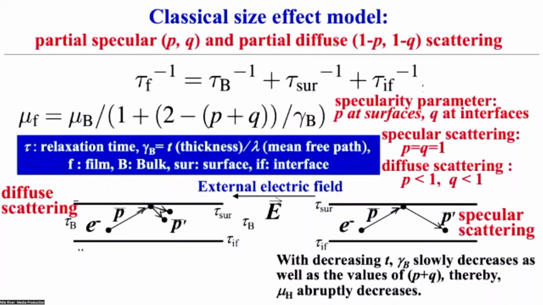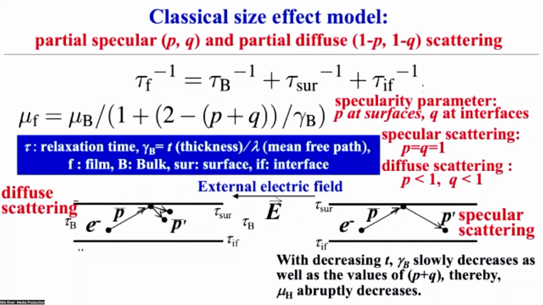You find the total value of P plus Q is practically 2, and then this term can be neglected. In such films, the carrier mobility of the film is practically equal to the carrier mobility of bulk.